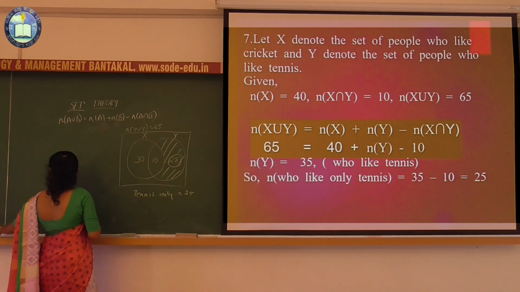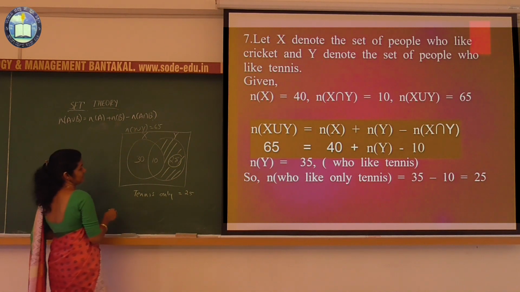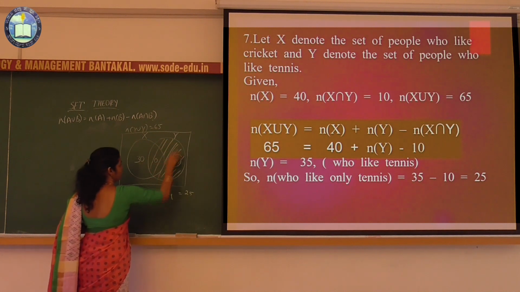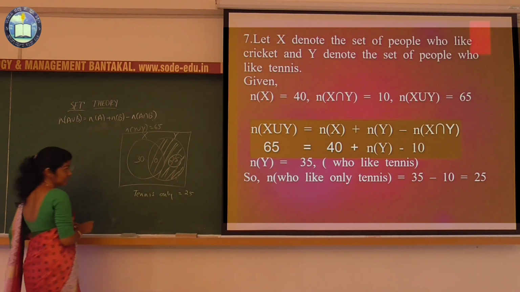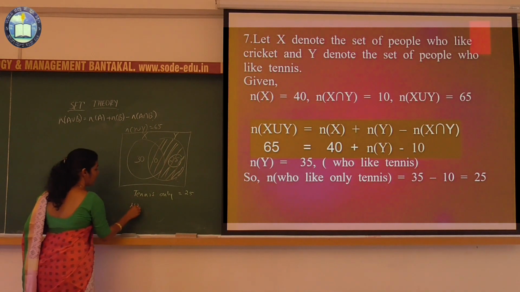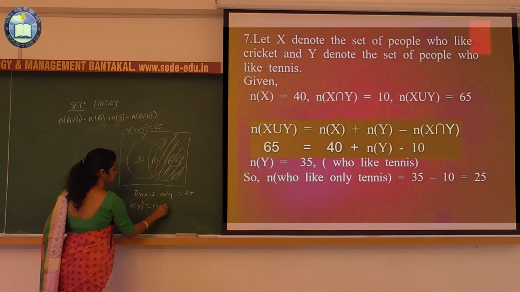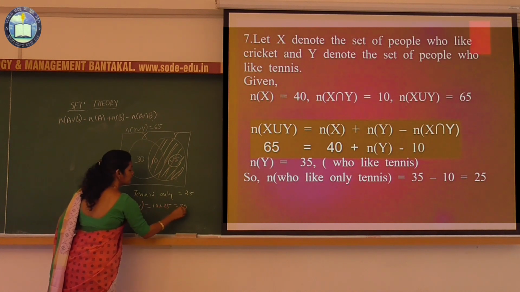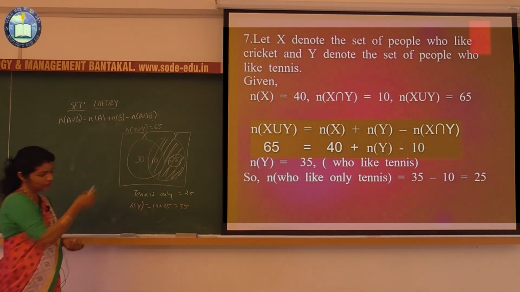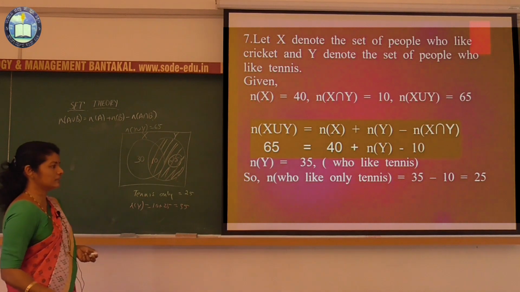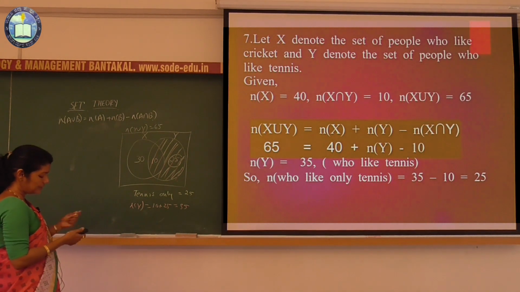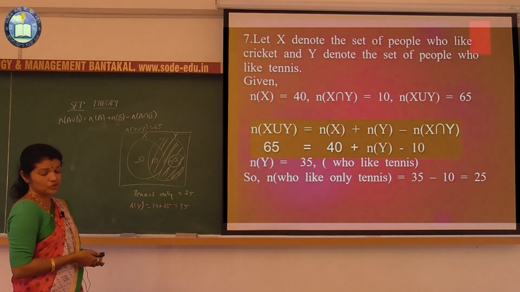Now listen to me. The number of people who like tennis, that is this region, that is set y. So that is n of y, that is 10 plus 25. That gives you 35. And if you observe the formula method, there also we got the same answer. So any method can be used to get the solution.